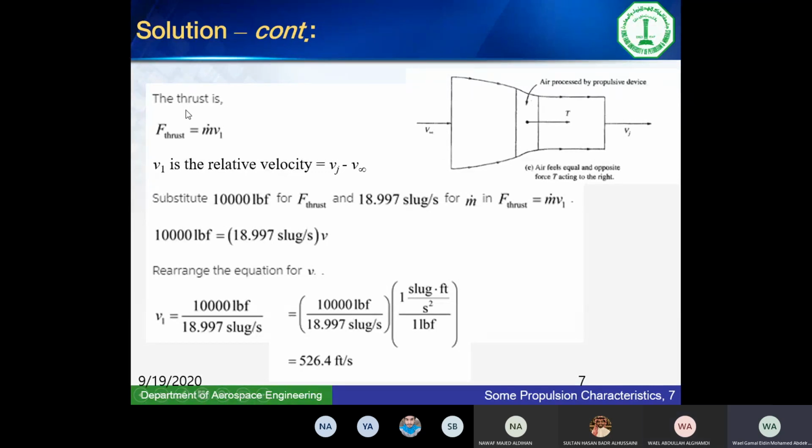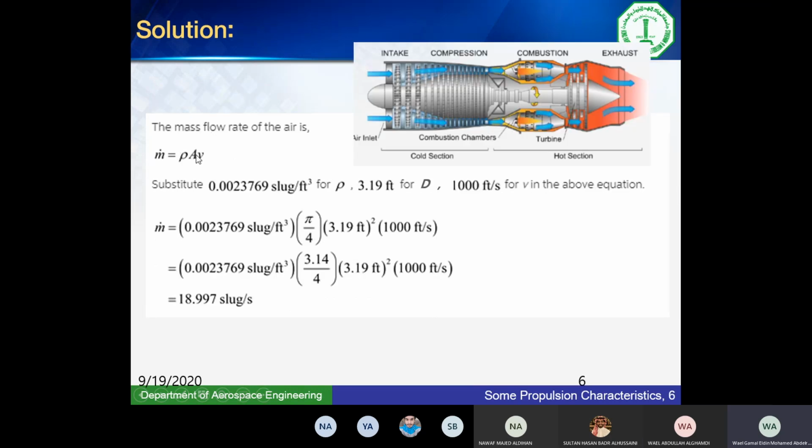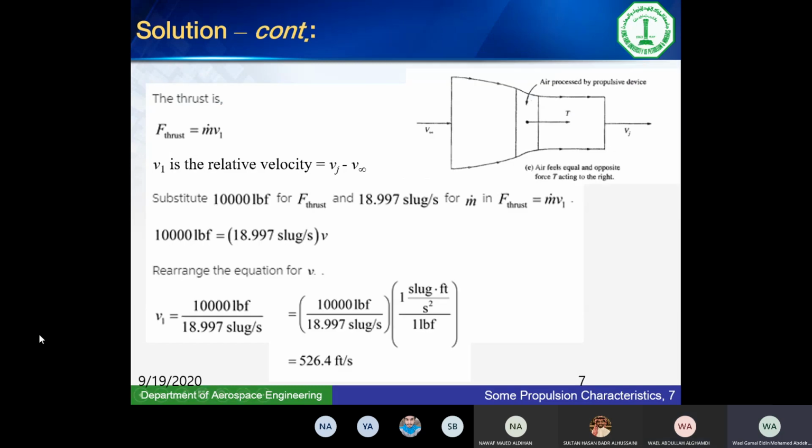If you calculate here, this is the thrust, this is m dot, m dot will change by itself because the speed is going to be lower. So what will happen to m dot? It's going to be lower. So this one is going to be lower in here, so that V1 will increase. The same thrust, lower m dot, V1 increase.